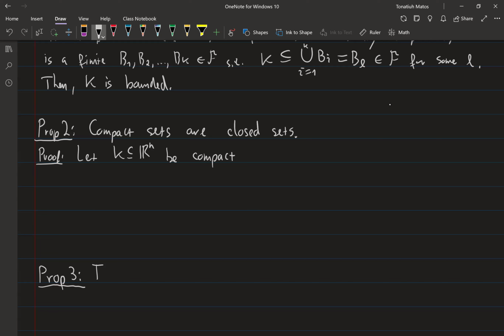So if K is compact and C is closed, then actually C is compact as well. So every closed subset of a compact set has to be compact as well.